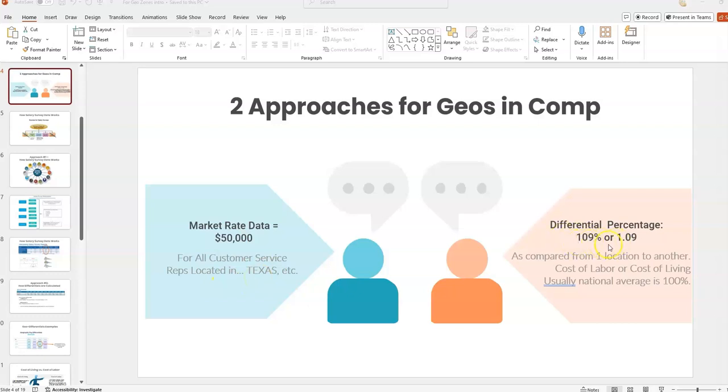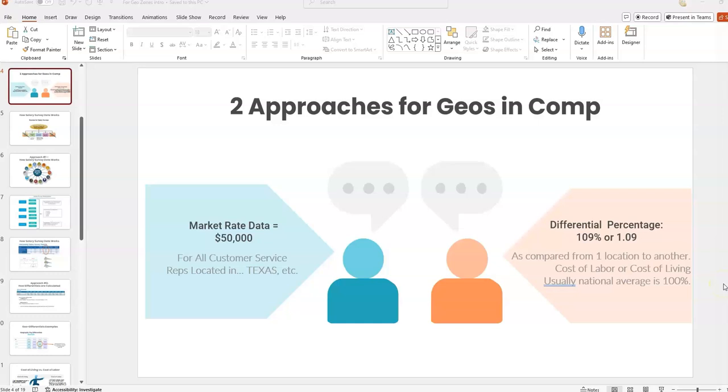Or it's going to be a differential percentage, which could be displayed as 109% or 1.09, or it could be 9% above the national. Usually the national average is used as the 100%, but not always. You may not have a tier or geozone using the national average.